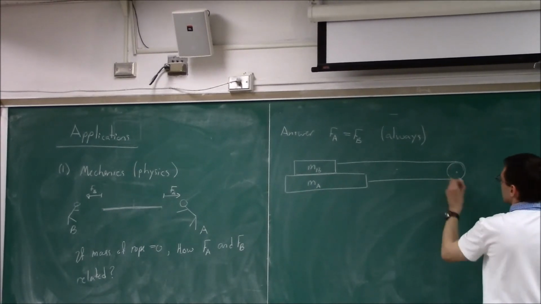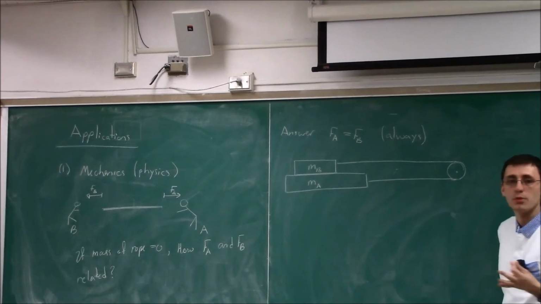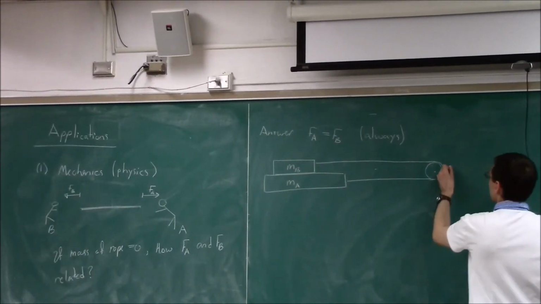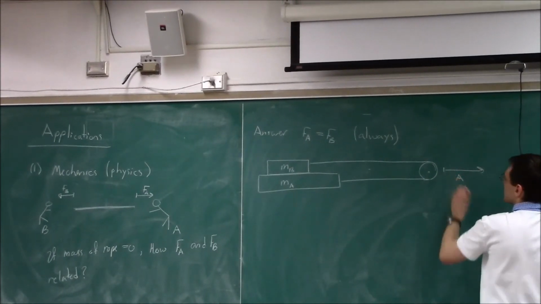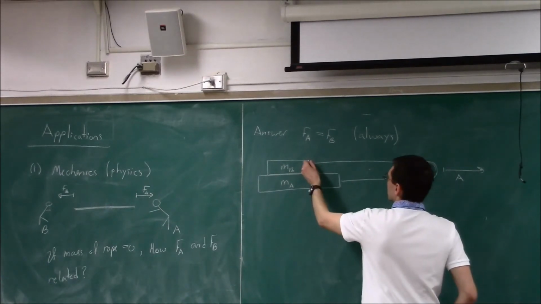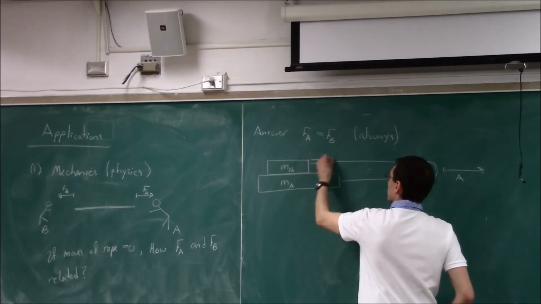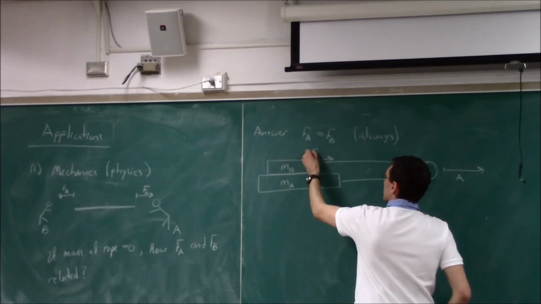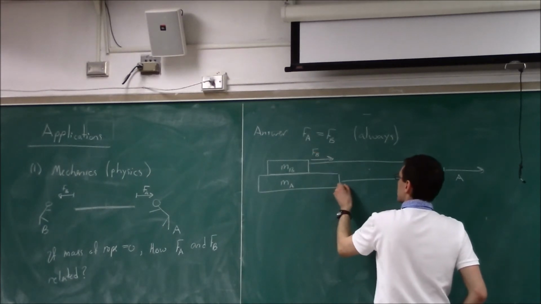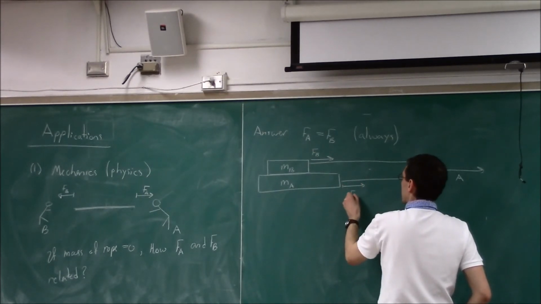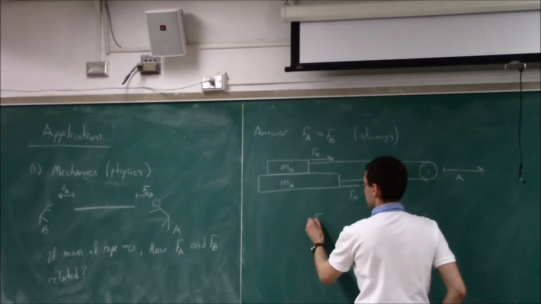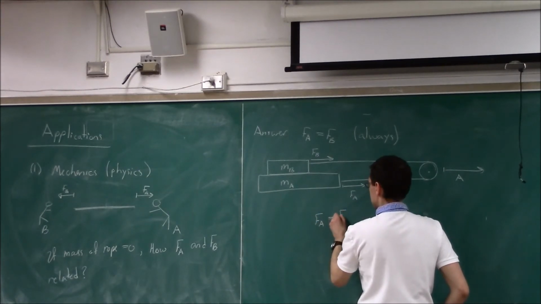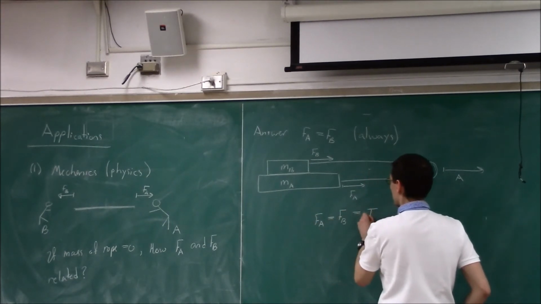By massless, it has almost 0 mass, right? And I accelerate this pulley. What you know is that the tension in the rope, so the force applied, this force F sub B and this force F sub A, are equal, which is the tension in the rope.